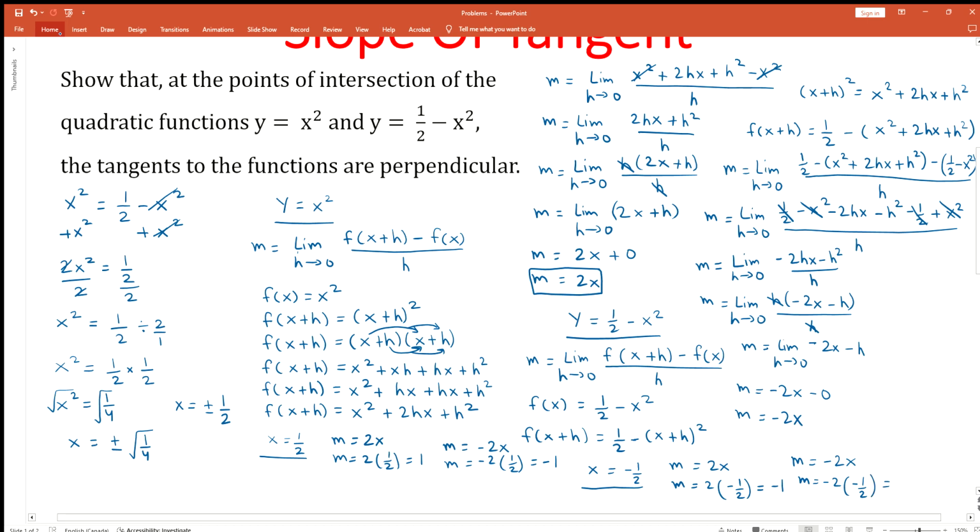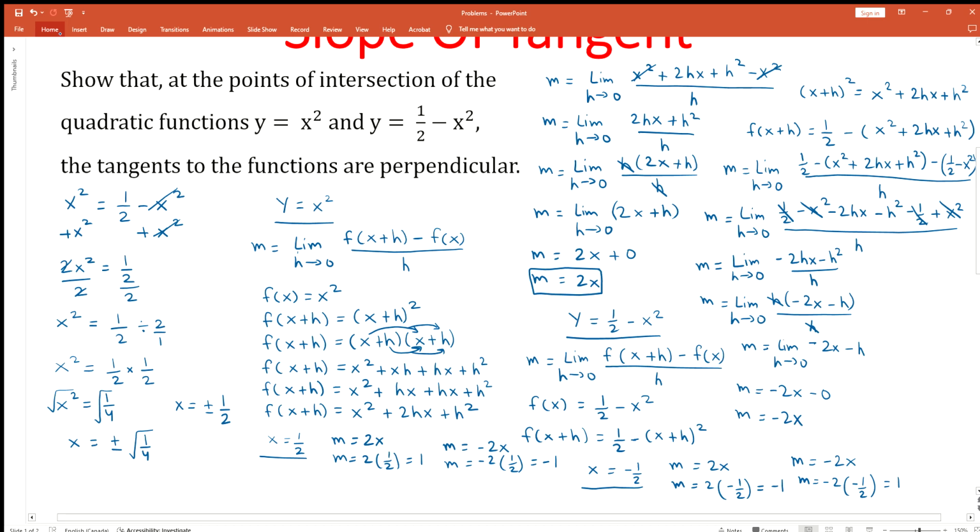Negative 2 times negative half is equal to positive 1. So the slope values we got are negative 1 and 1, and these values are negative reciprocal of each other. Therefore, the tangents are perpendicular to each other at x equals negative 1 over 2.